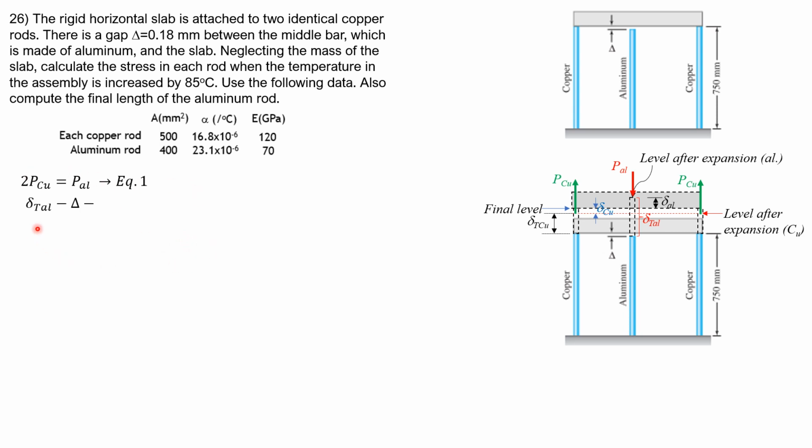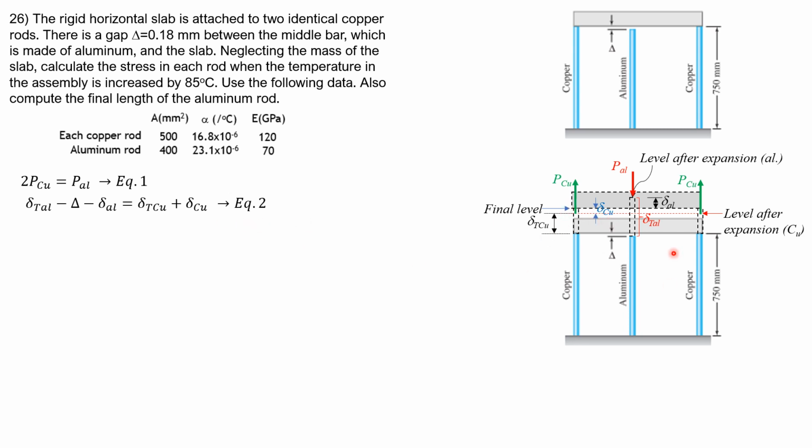Now the compatibility equation: the deflection of the aluminum due to thermal expansion minus the gap, then minus delta of aluminum, would be equal to this value, which is delta T of copper plus delta Cu due to stress.